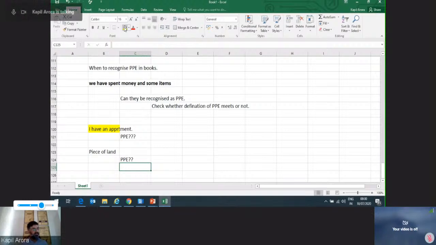Yes, Jagrati. Whether an apartment can be considered as property, plant and equipment, for that I need to see whether it meets the definition or not. What is the purpose of this apartment?